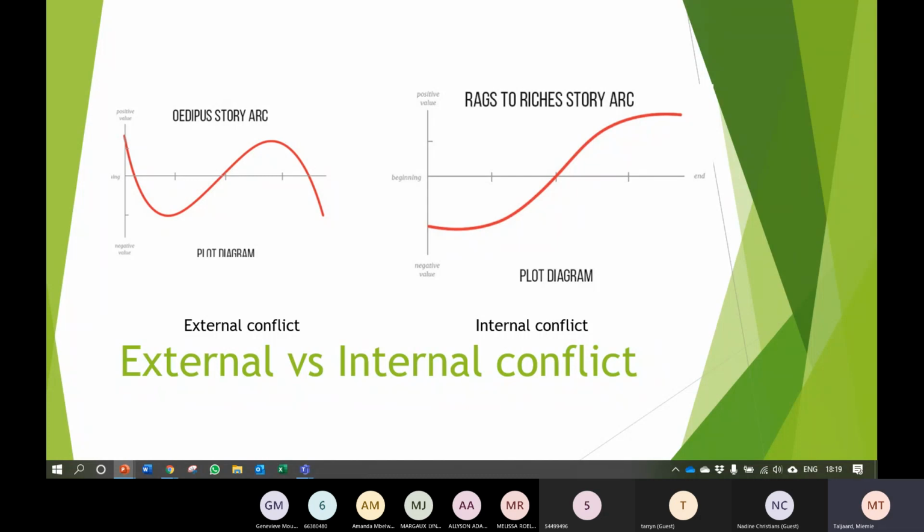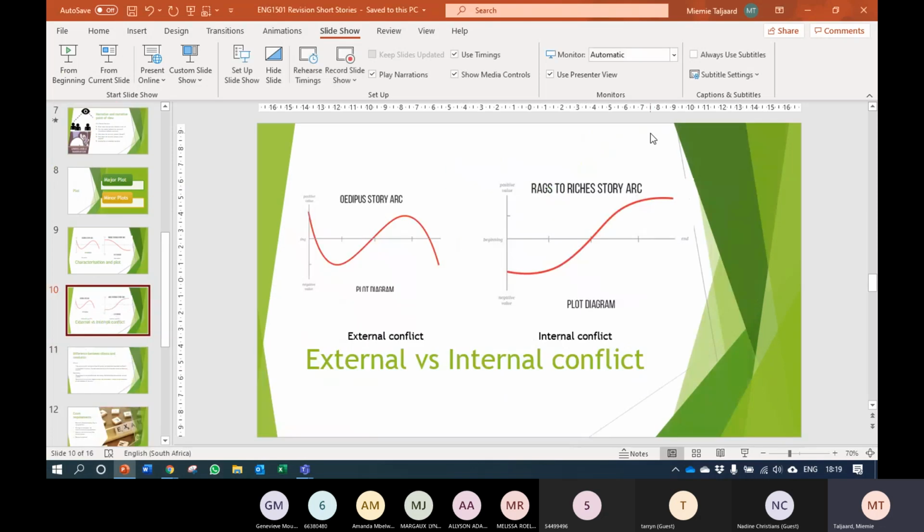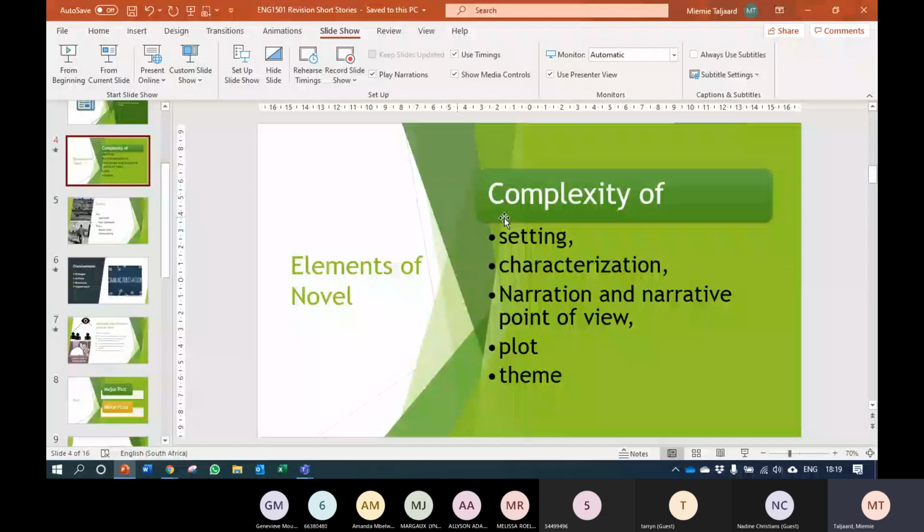And remember, right at the beginning, in this slide, I spoke about the complexity. So in your answer, if you are asked about the conclusion of the novel, to what conclusion do they come about the themes?